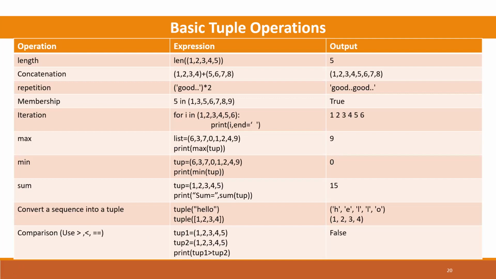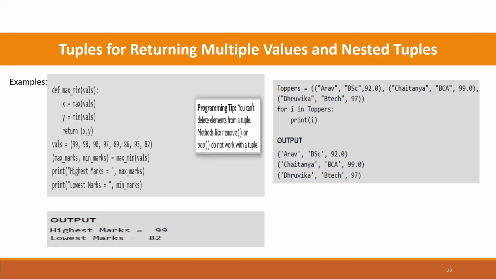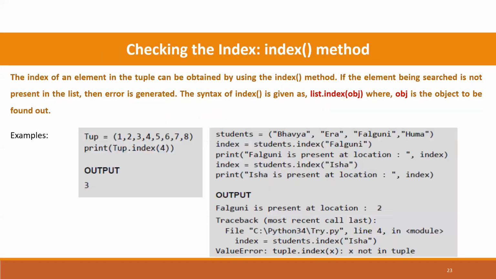If the content is the same, then it will return that it is equal. So greater than, less than, equal to, these operators are applicable in the case of tuples. So tuple 1, tuple 2: is tuple 1 greater than tuple 2? It is returning false because these operators return Boolean in Python. This I already discussed in my last example.